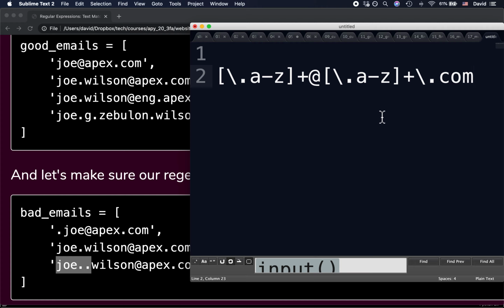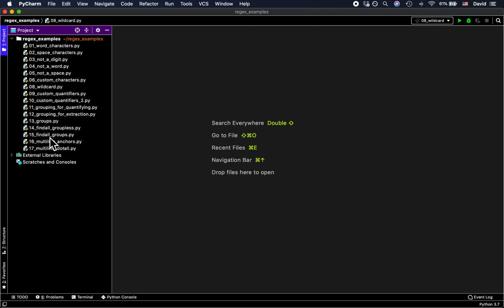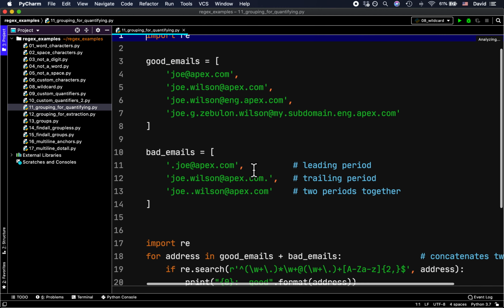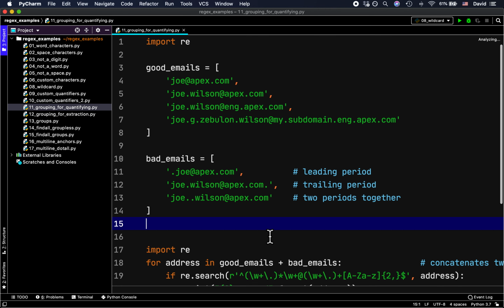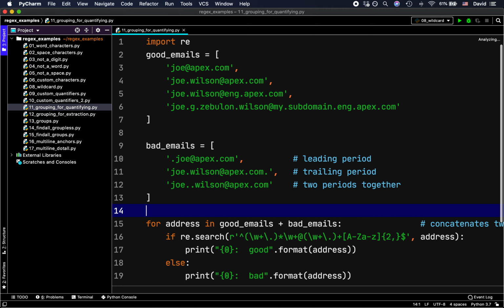We can't say this because this would match. Here, let's look at the example. If we look at a regex like the one we just described, where we say, from the beginning to the end, let's look for a dot or a letter, let's see what it matches on as good.